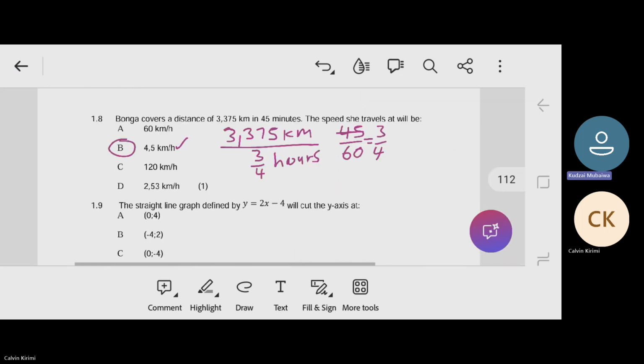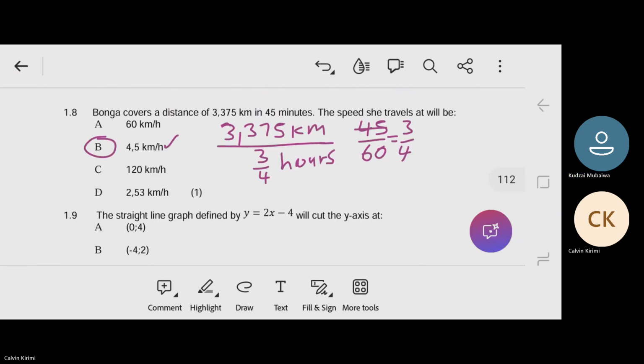But the calculator shows it as D. Dividing by 3/4. Oh, it's dividing. Sorry. 3,375.